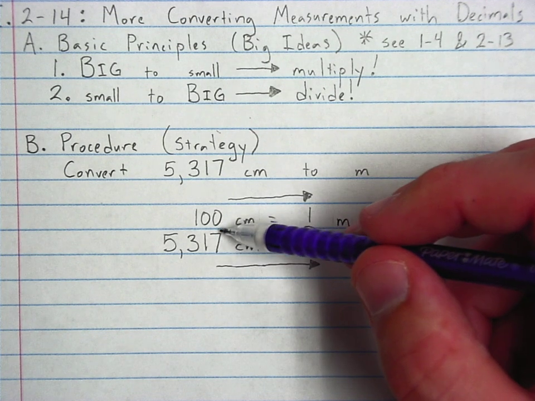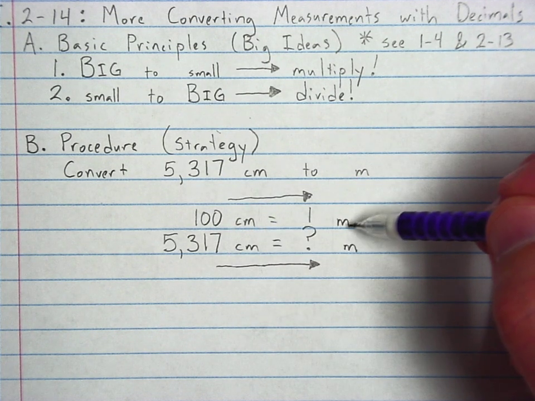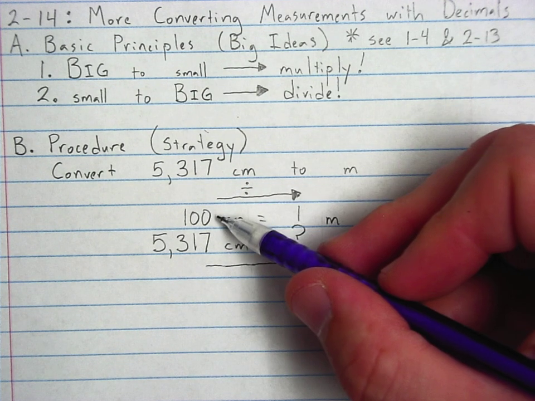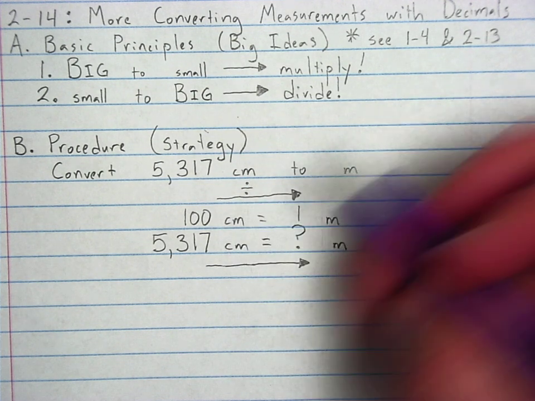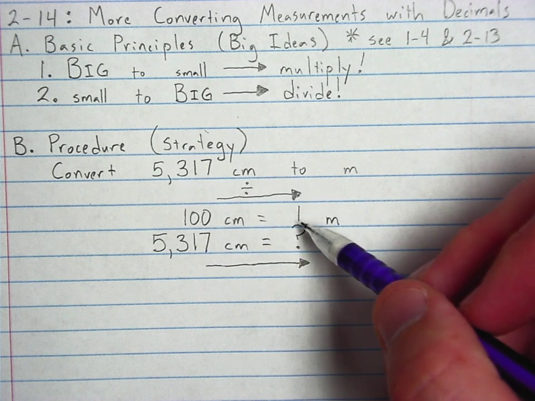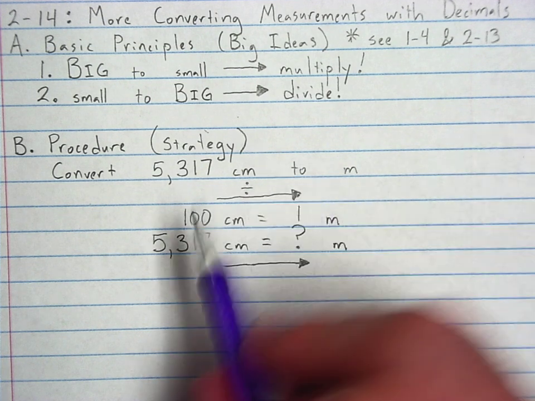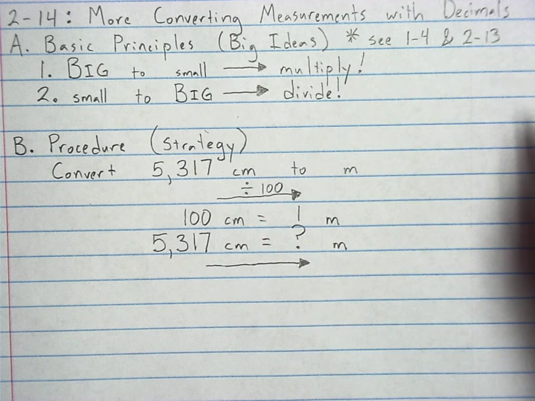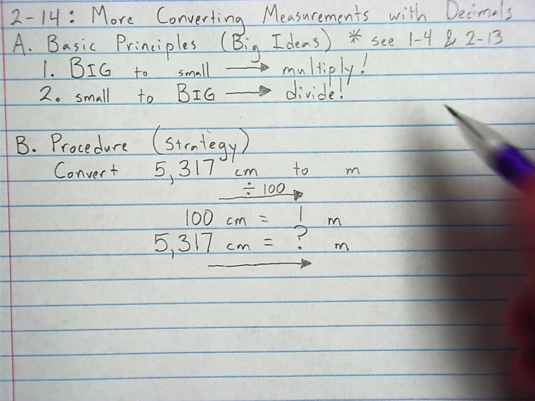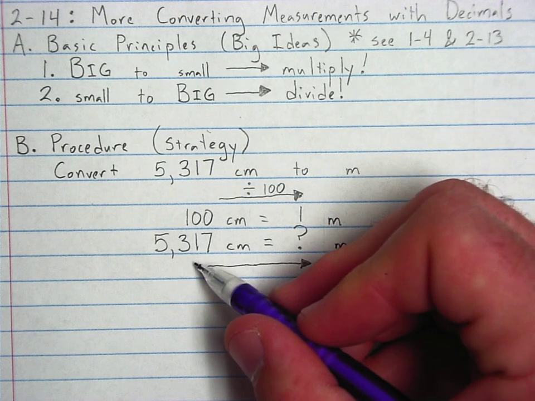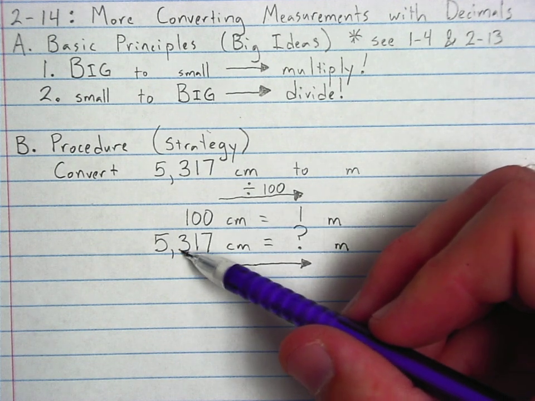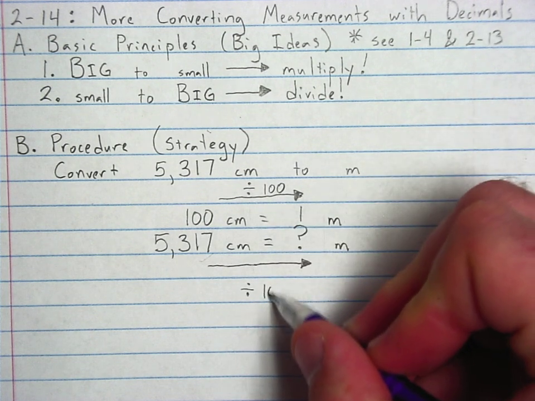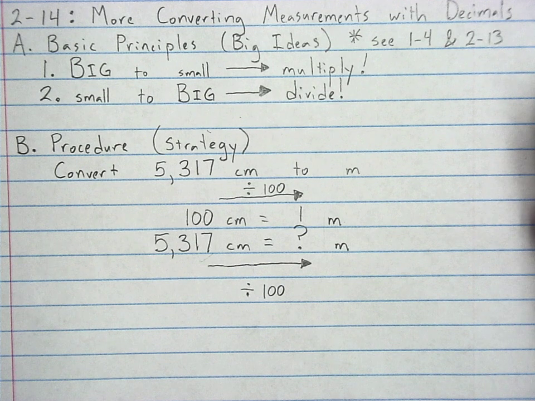So a lot of little pieces to one single big piece. I am dividing my 100 centimeters into groups. 100 divided by what equals 1? Itself. Okay. 100 divided by 100 is 1. So for this, I am going to look at 5,317, and I am also going to divide that by 100.